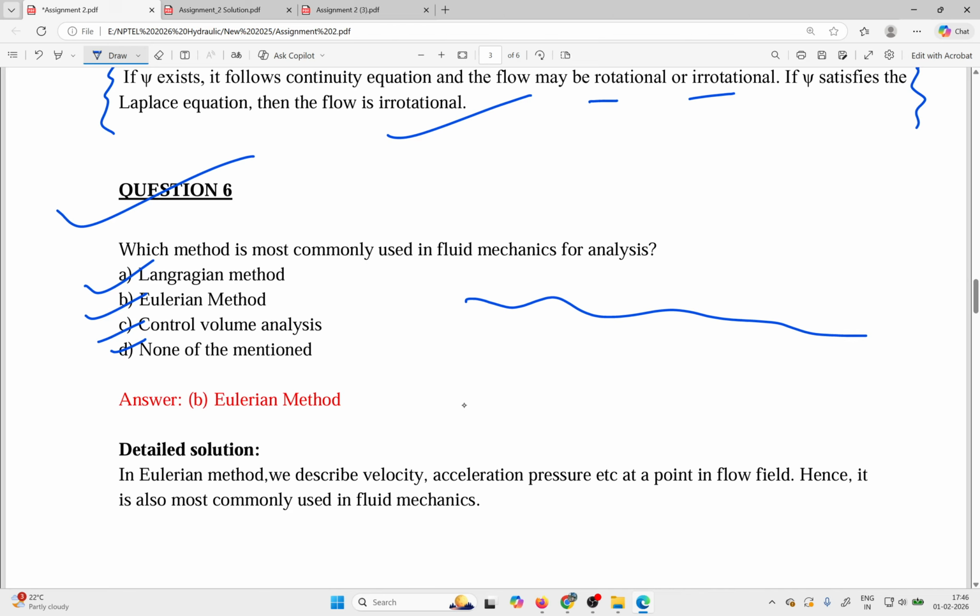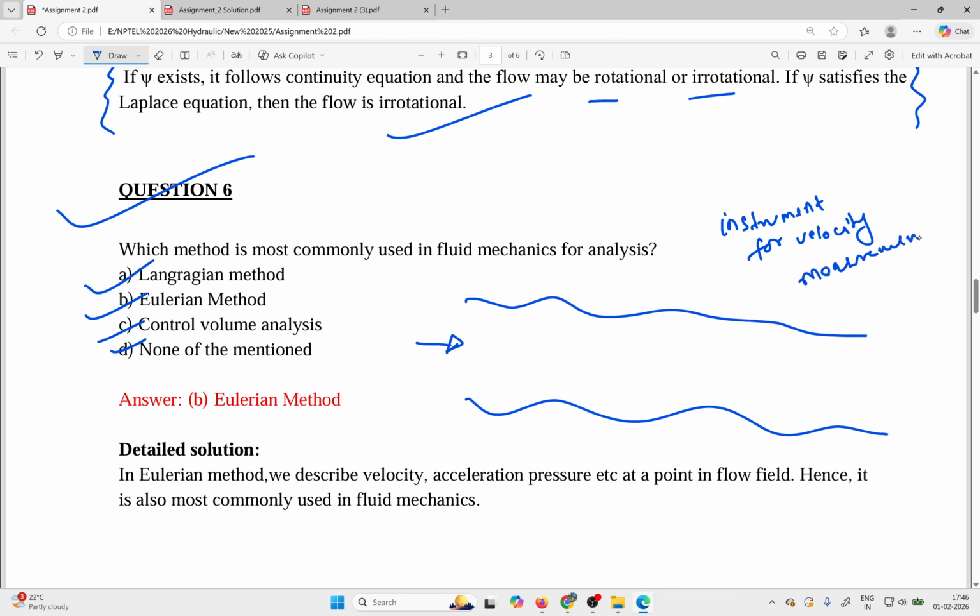So if this is a river, you are looking from the top and you have some instrument for your velocity measurement. Once you put the instrument here, and as water is flowing, this instrument is floating with your water.